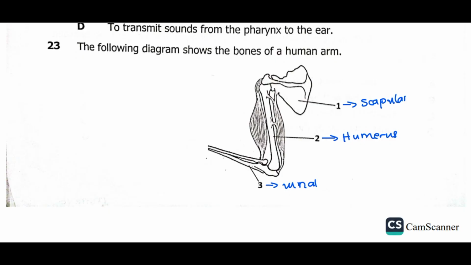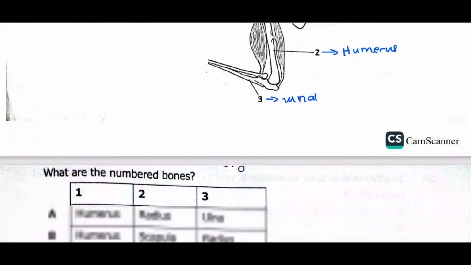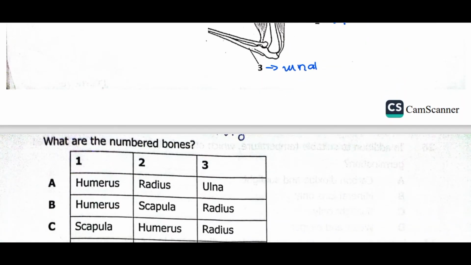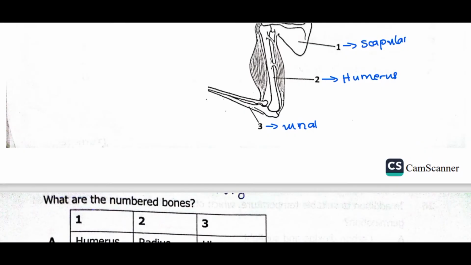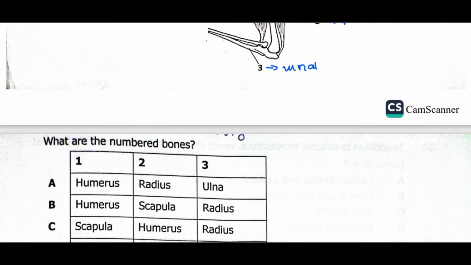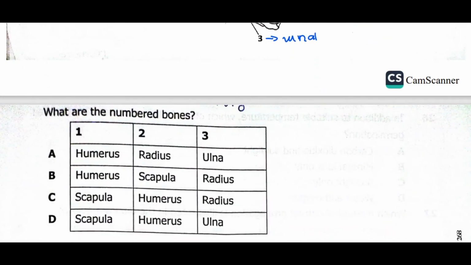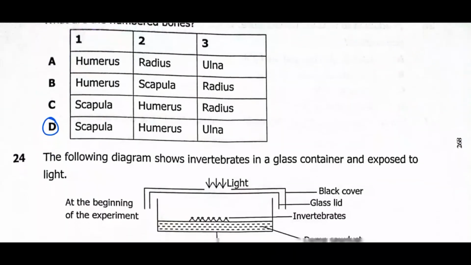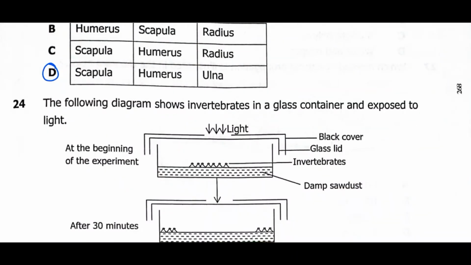So let's look at the question. What are the numbered bones? So what did we say? 1 is scapula. 2 is humerus. Okay, 3 is ulna. We move on to question 24.